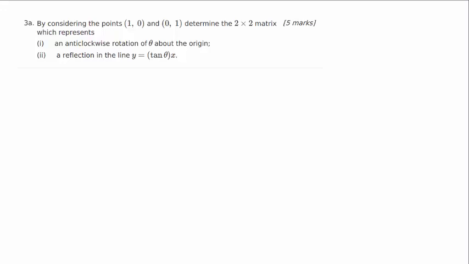This is the final question, number 3, and it starts off asking you to consider these points (1, 0) and (0, 1), and determine the 2 by 2 matrix which represents an anti-clockwise rotation and the reflection in the line y equals tan theta.